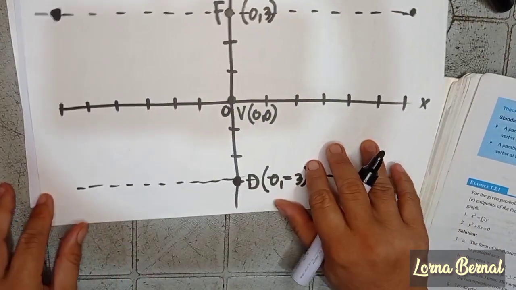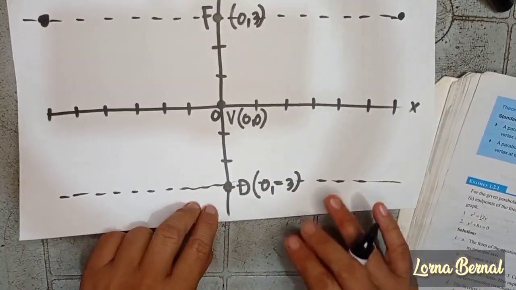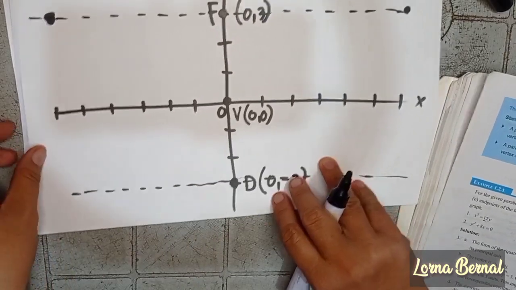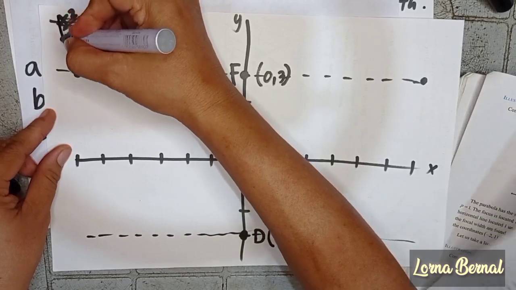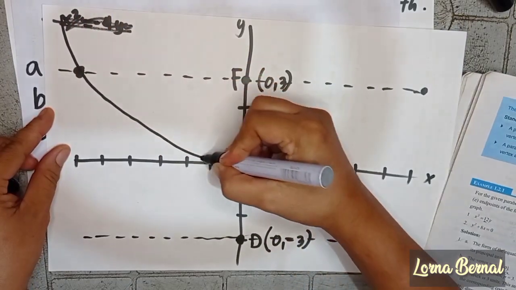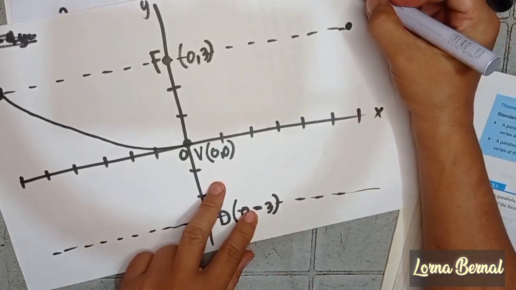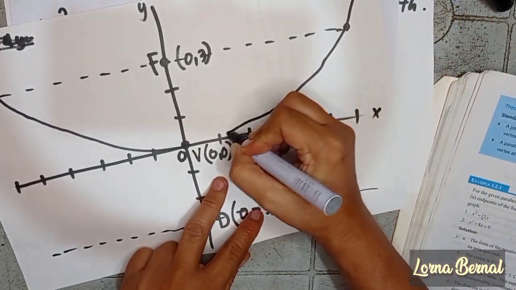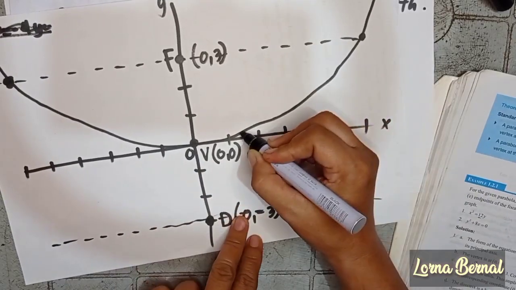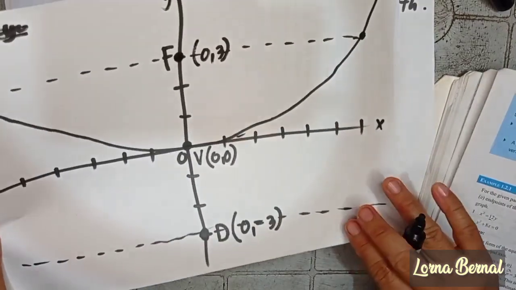So if we connect these and form a parabola, it would look like this. Okay, so that is our parabola.